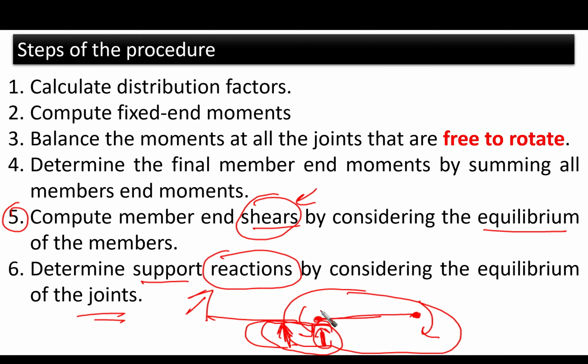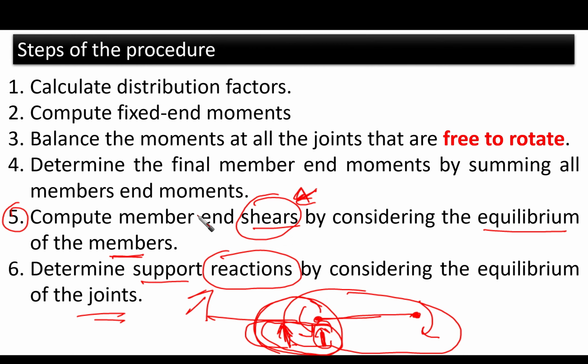So the reactions are obtained by the equilibrium of the joints, while the shears are obtained by considering the equilibrium of the members. That's the hint. These are the main 6 steps that you need to take into consideration when you are solving the problem using the moment distribution method.